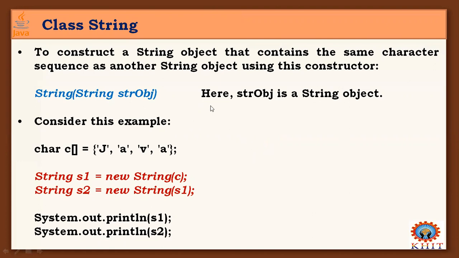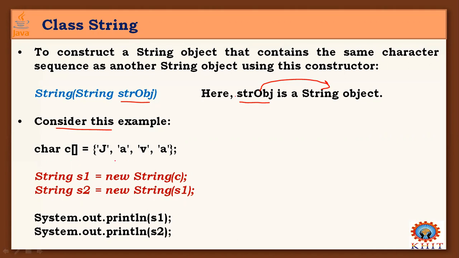So these are some of the operations we're going to see here. Here, strobj is a string object. We are using this object of another string to initialize our currently declared string object. So try to understand the concept from this example here.